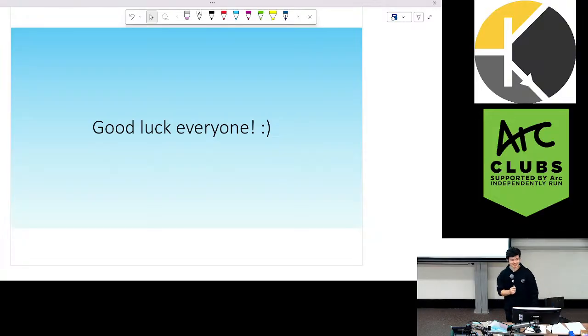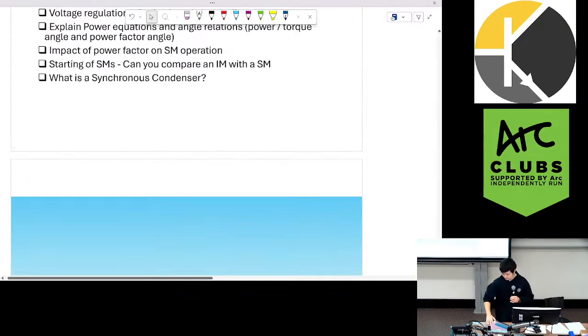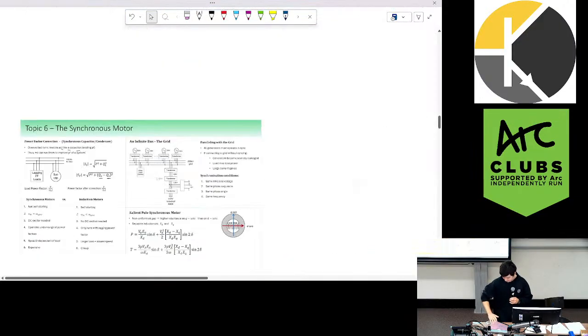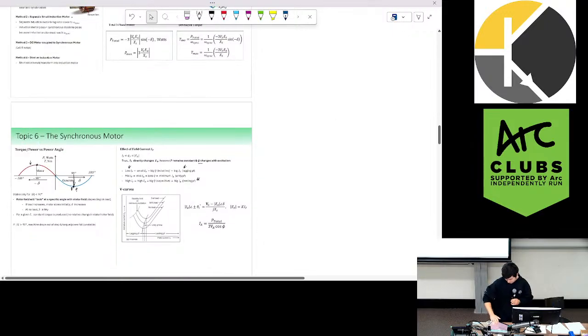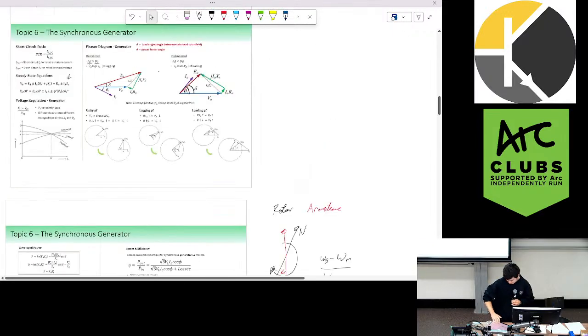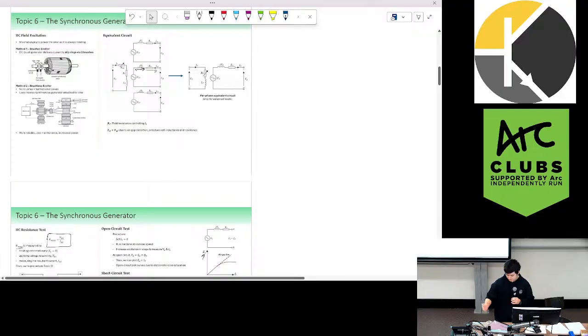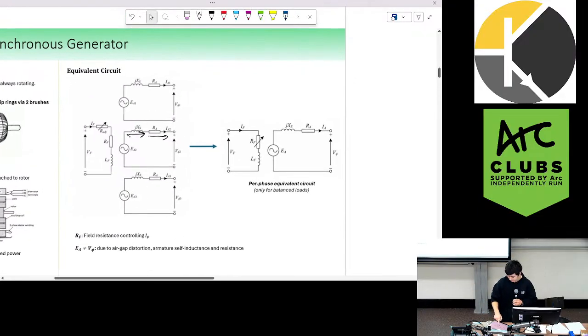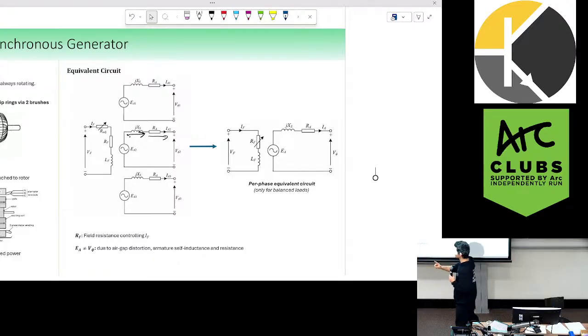What was that comment in regards to synchronous? Yes, I mentioned it's interesting because for all the rest of the diagrams that Georgios has given us, he only goes to the per phase equivalent. But for some reason, he thought, I need to tell them this time.